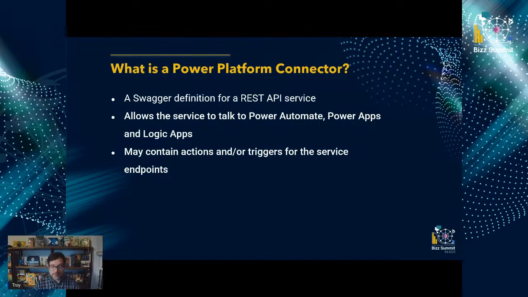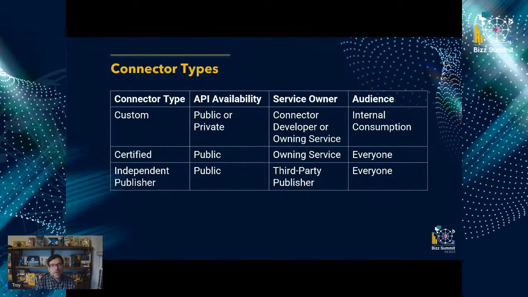There's lots of opportunities there. So here on the left are the three main connector types that you'll hear of. You'll hear of custom, certified, and independent publisher. I'm hoping this is not the first time you've heard of independent publisher, but by the end of the session, you'll definitely know what that type of connector is.